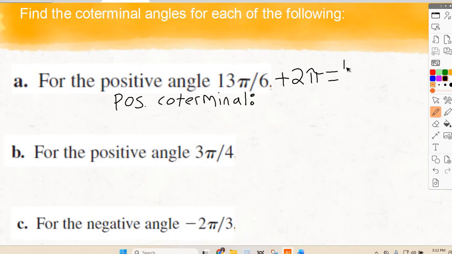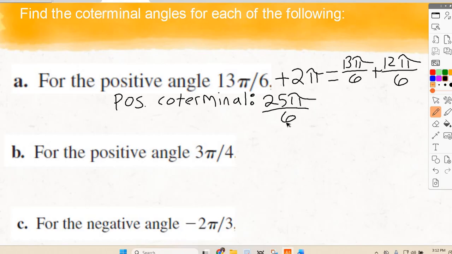So we're going to multiply our second by 6 over 6. So we get 12 pi over 6, which gives us 25 pi over 6.